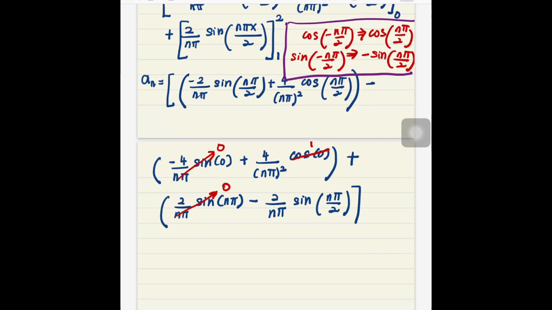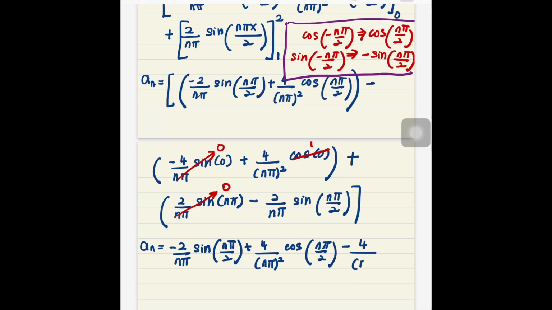Okay, so therefore your an is equal to negative 2 over n pi sine n pi over 2 plus 4 over n pi squared cos n pi over 2. So this is minus, so minus 4 over n pi the whole thing squared.